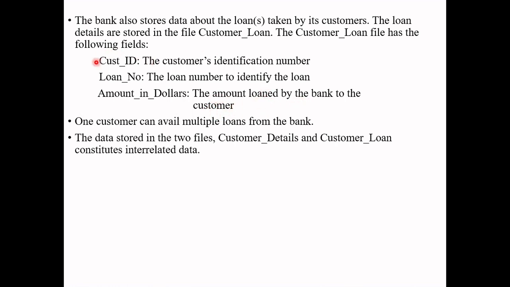So these are the columns of customer loan. Now see here, one customer can avail multiple loans from the bank. The data stored in the two files, customer detail and customer loan, constitutes interrelated data. So customer detail and loan are connected with each other.